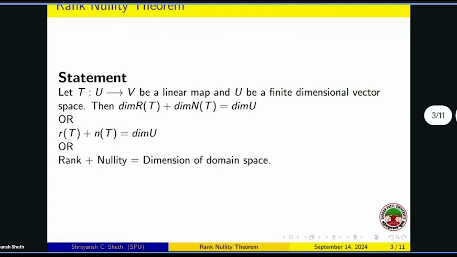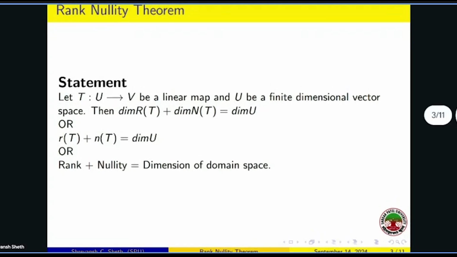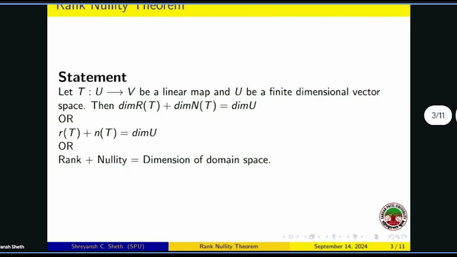Or in other words, the rank of the transformation added to the nullity of the transformation will result in the dimension of the domain space.